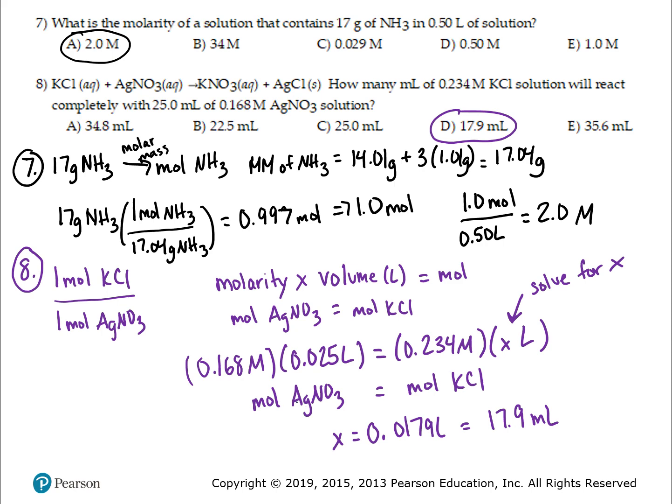The number of moles of silver nitrate is going to equal the same number of moles of potassium chloride. So it's similar, but I didn't write that equation because it's not exactly the same thing. If you have more questions, we can go over it again. Sure.